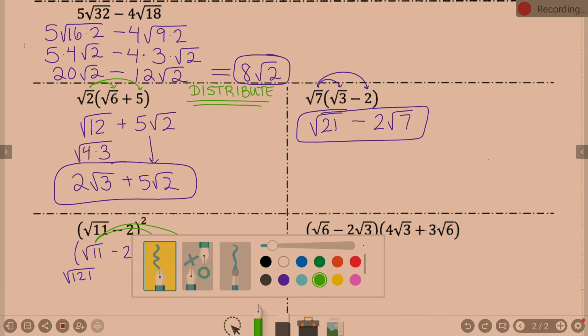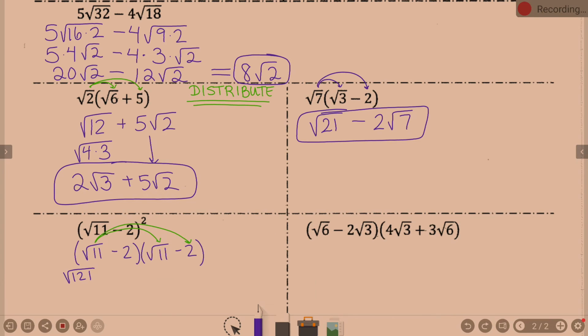So square root of 11 times minus 2. Oh, no. Yeah, 2 is not under the radical, 11 is, so it's a positive times a negative, so I'm going to say minus 2 times the square root of 11.